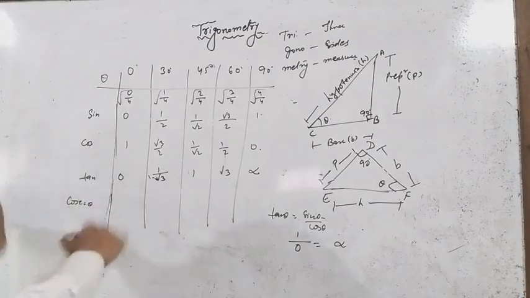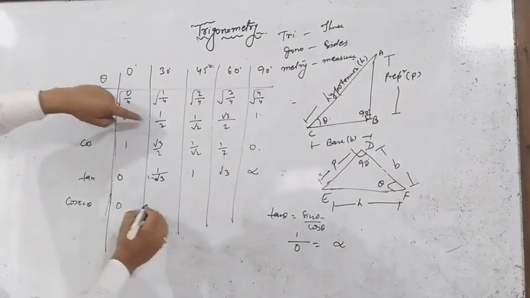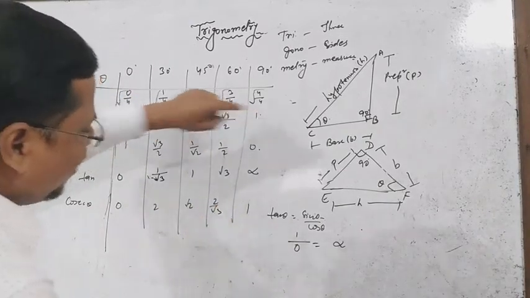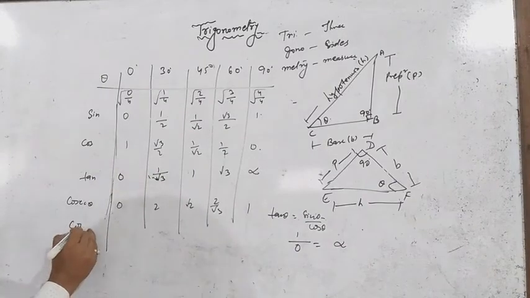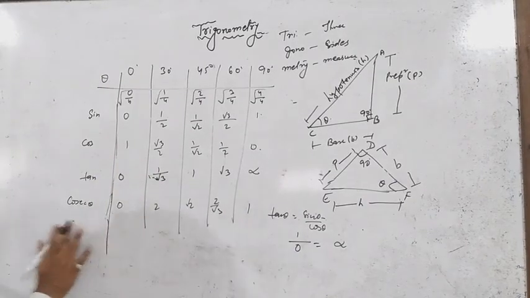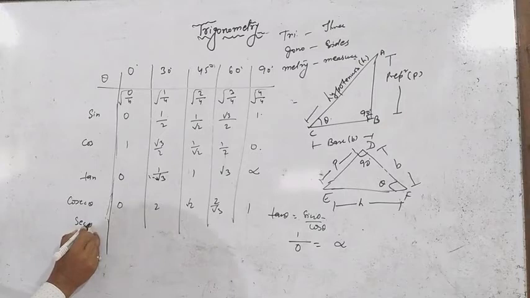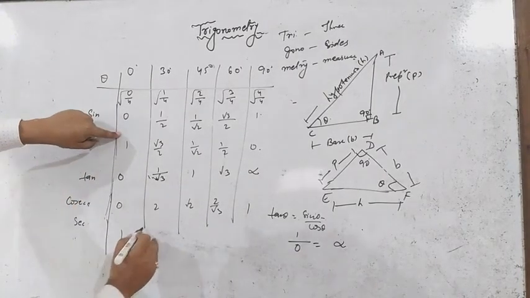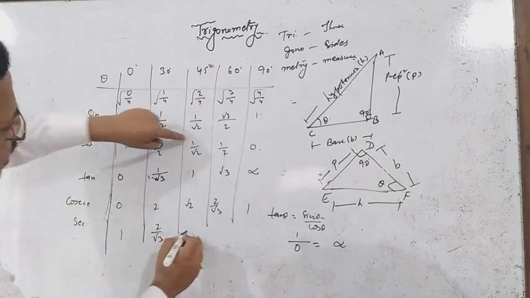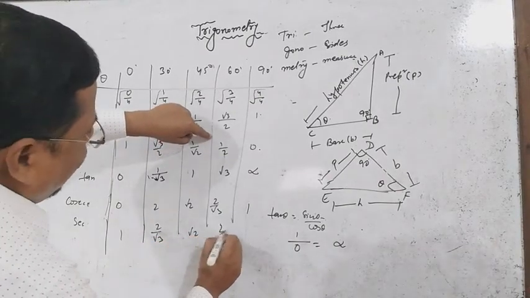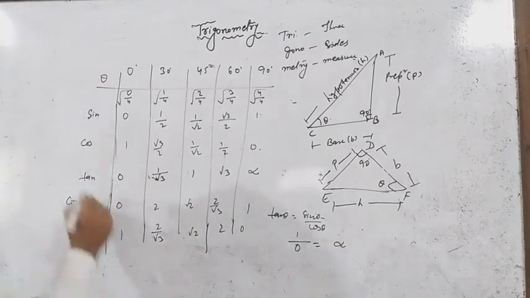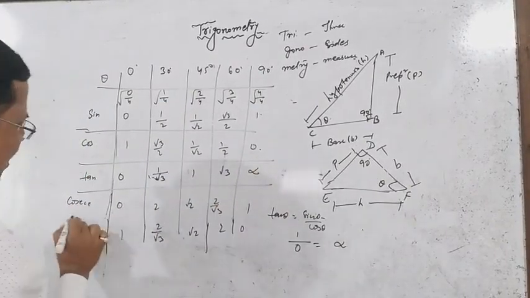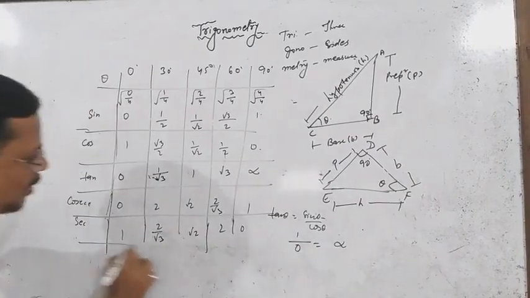And next, sin is the inverse of cosec theta. Cosec theta is the reverse of these numbers, that means infinity, 2, root 2, 2 by root 3, and 1. Sec theta is also the reverse of cos: 1, 2 by root 3, then root 2, then 2, and infinity.